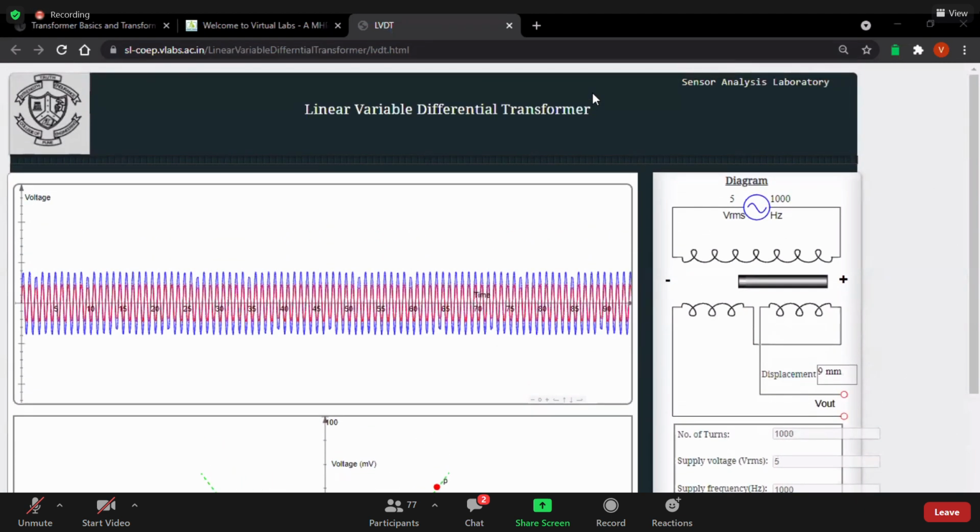LVDT is the linear variable differential transformer. It converts electromechanical displacement into an electrical signal, positioning.